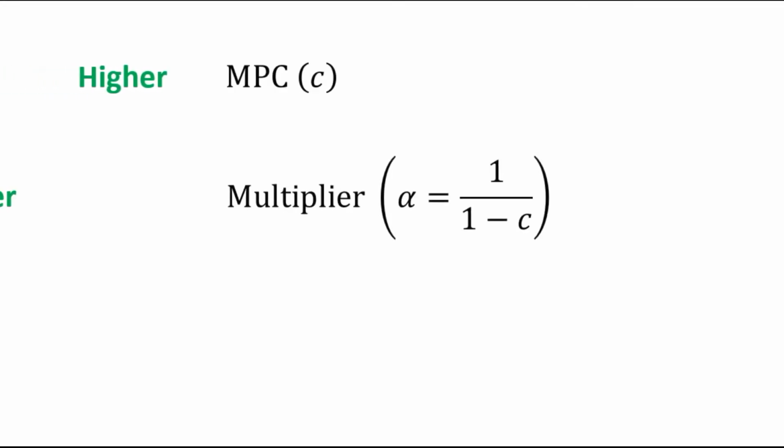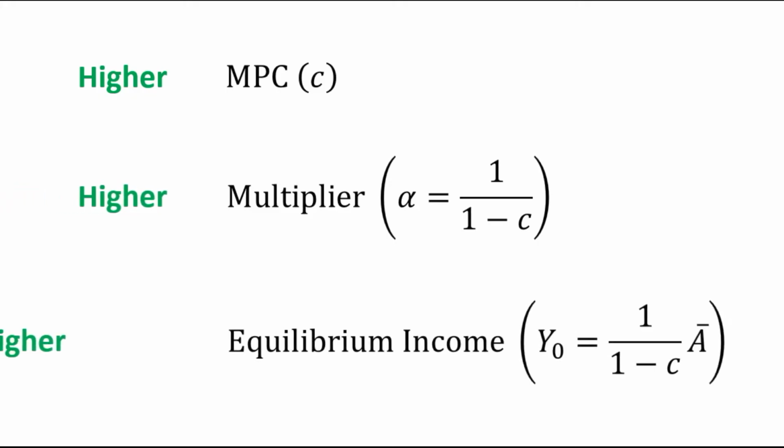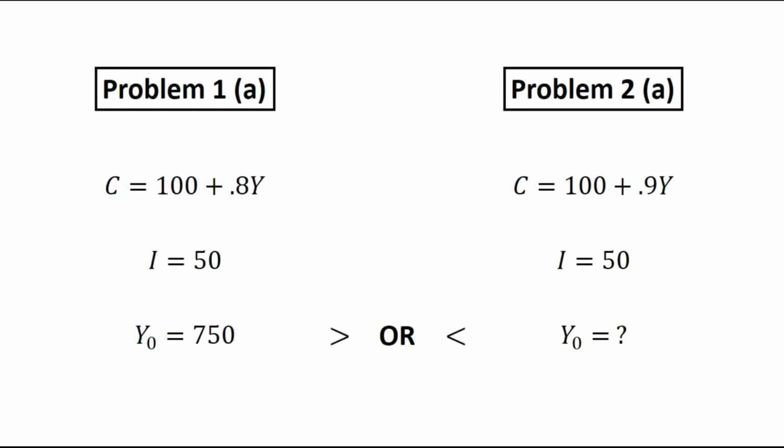And when there is higher MPC, it means that there will be a higher multiplier and a higher level of equilibrium income. So one thing is sure: equilibrium income in problem 2 will be higher as compared to equilibrium income in problem 1. And we can also calculate this equilibrium income.